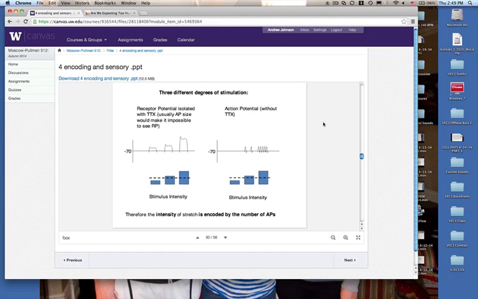So you cannot have a big action potential versus a little action potential. The way we get around this is the frequency of the action potentials. If we have a big stimulus, that will cause a bigger receptor potential, and that will trigger more action potentials in the same unit of time.